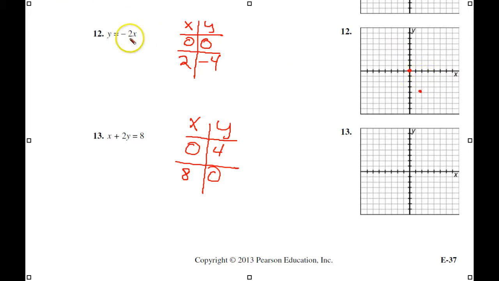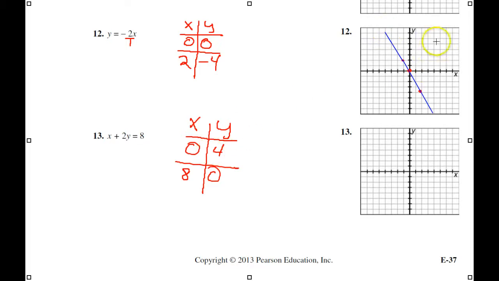Now, notice if we did it the other way, a -2 over 1, we're going to go over 1, up 2, and it's in the same line. That's just a little one that we will be featuring a little later on, and we're just showing it to you right now.